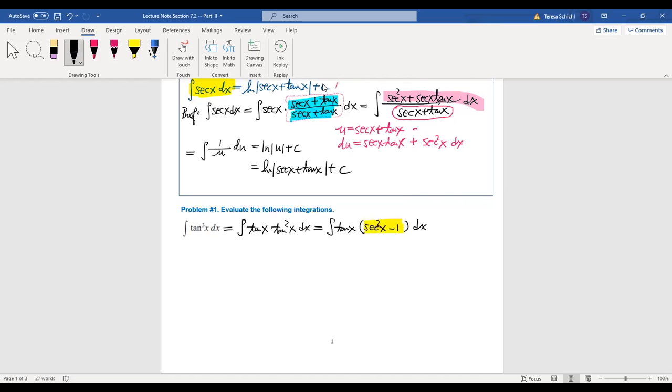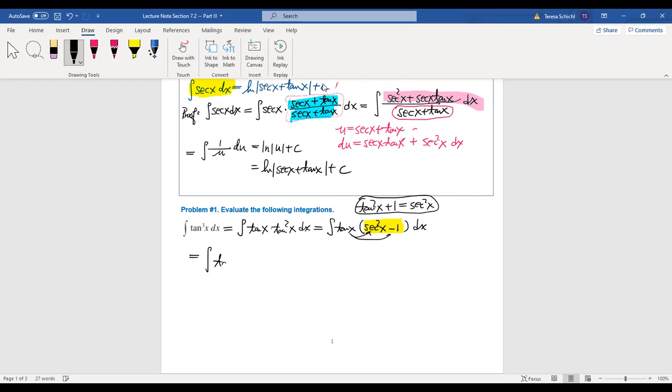So remember that we have tangent square x plus 1 is equal to secant square x. This is the identity we use when we do the tangent secant combination. Okay, so now for this one, you FOIL that. So what do you have here?